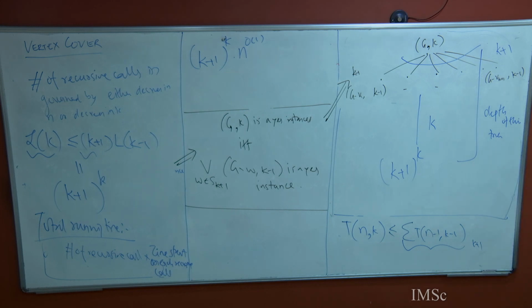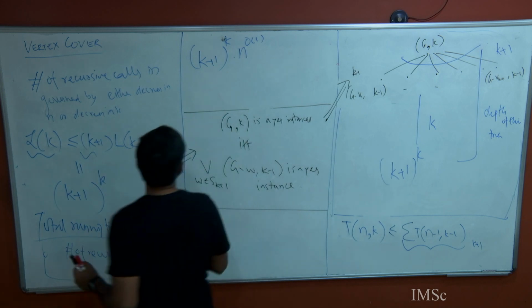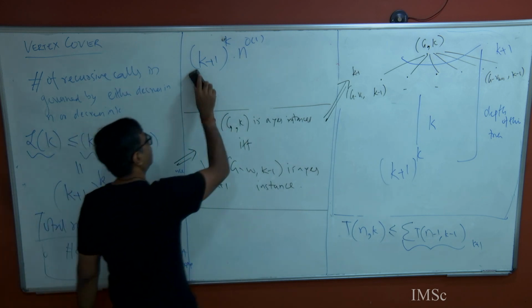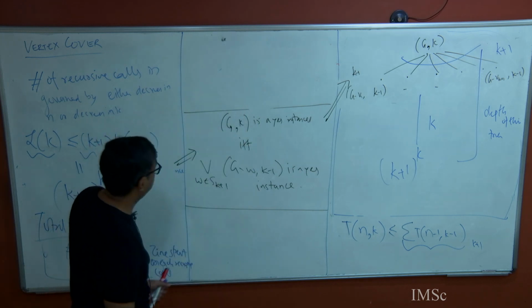So, let us take the message from here. Let us write down the lemma again, and let us take the message from the lemma and try to massage the message. So, the heart of this was, what was the lemma we wrote?